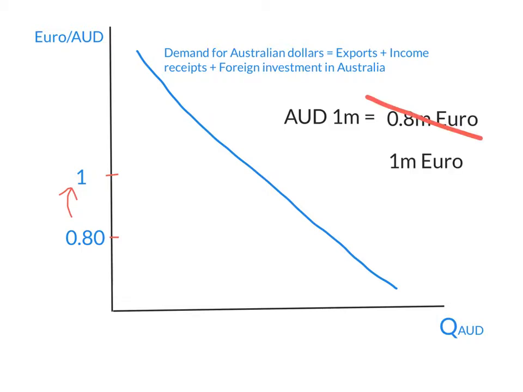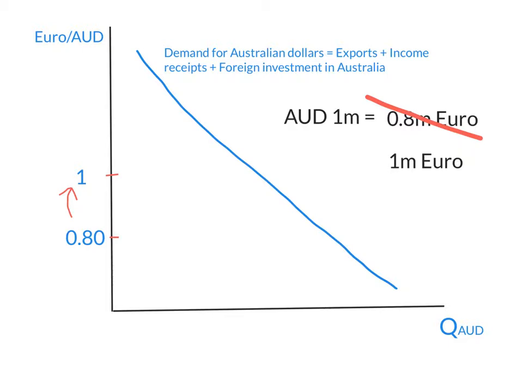But after the price of an Australian dollar goes up to 1 euro, the price of the equipment is also going to go up. You're going to need 1 million euro to buy the 1 million Australian dollars to buy the equipment. So effectively, the rise in the exchange rate, the rise in the price of the Australian dollar, has made the Australian mining equipment more expensive to Europeans.